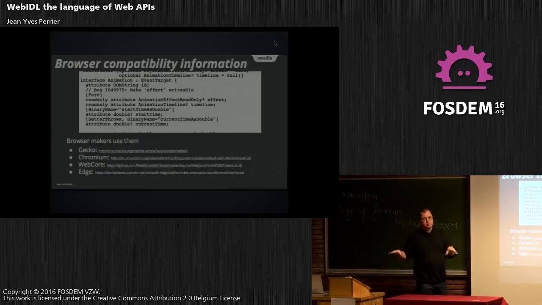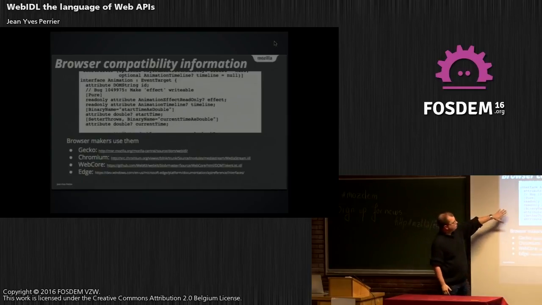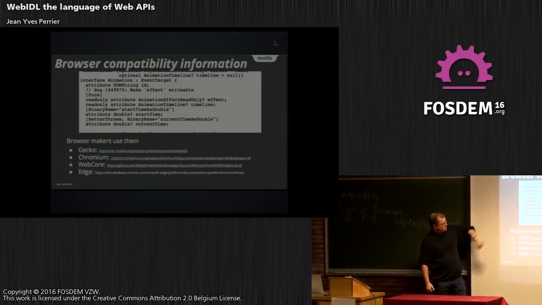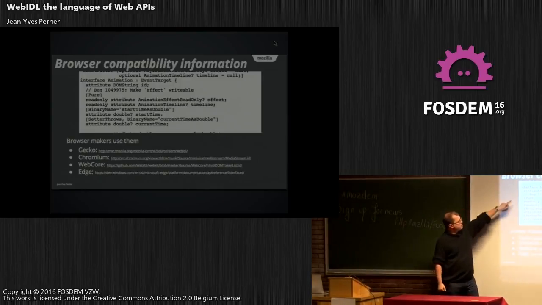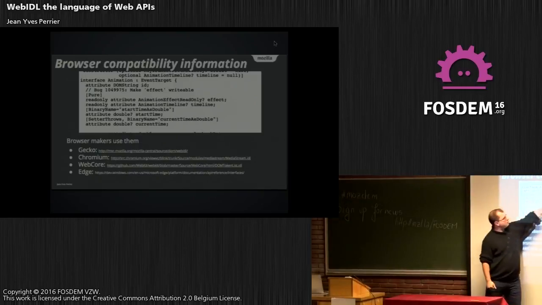Also, all browsers have a different level of implementation of the different APIs. Ideally, they will all have everything implemented, but sometimes they have bugs, they have big trouble, but they can provide some of it. Here is an example in Gecko. This is extracted from here. We see that, oh okay, there is a bug.